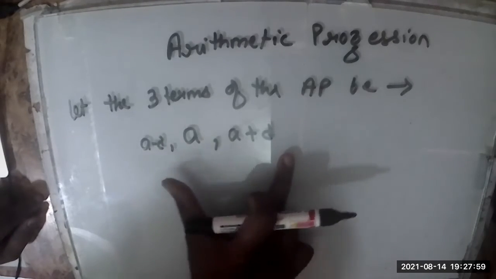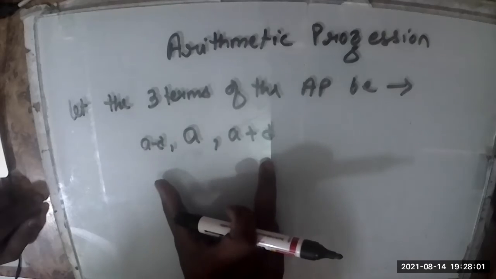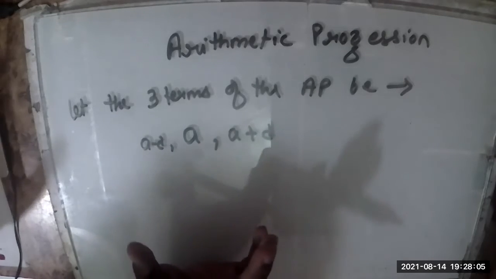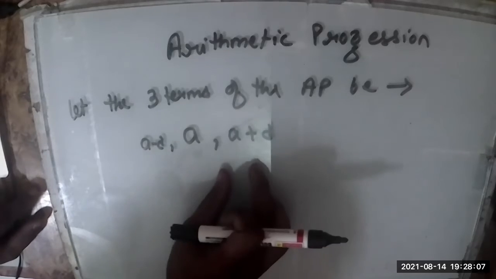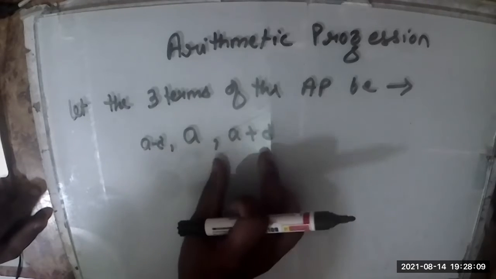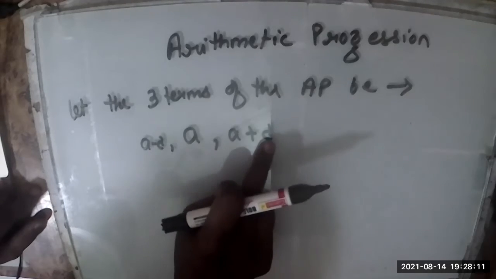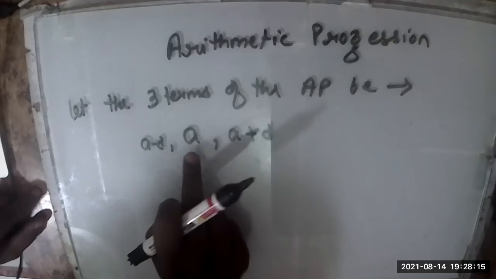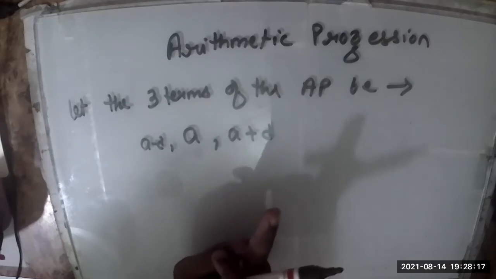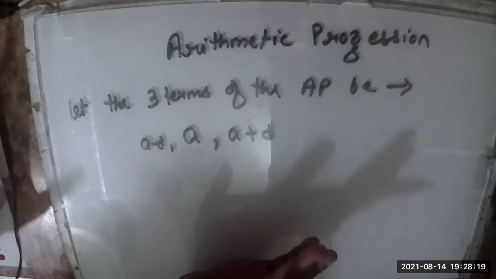Why we are assuming in this way, we'll come to know later. I'll just tell you that if you add these terms, D and D will get cancelled, so the only term left will be A, and it will be very easy for you to solve the equation.